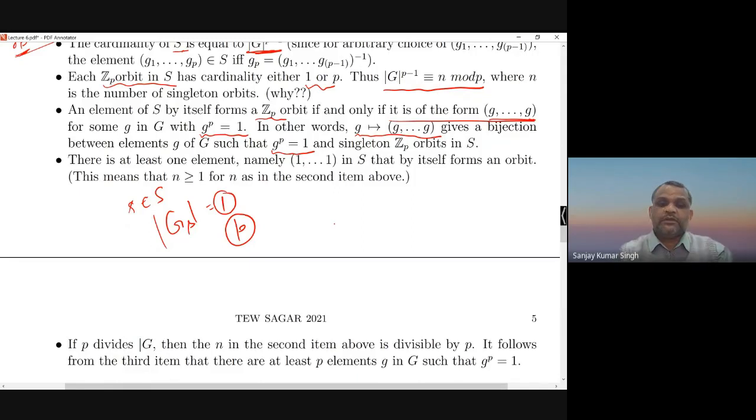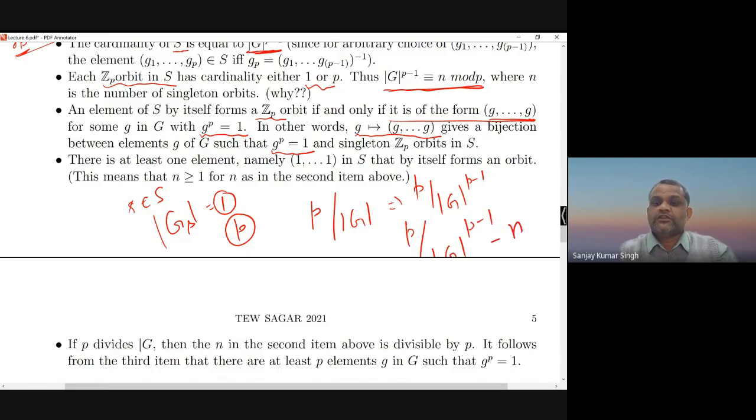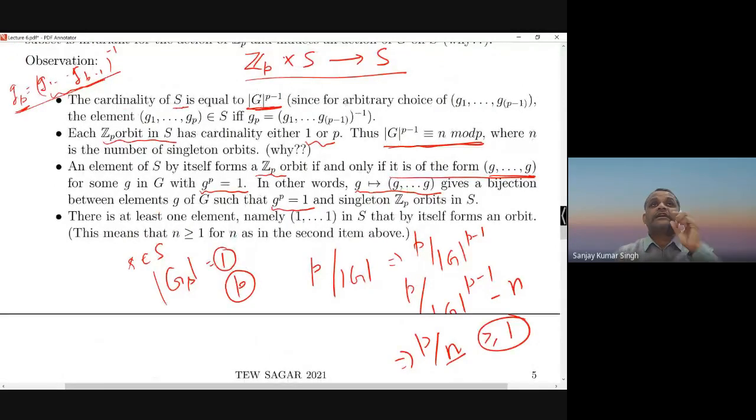So it forces, because p divides |G|, that p divides |G|^(p-1). And also from here, p divides |G|^(p-1) minus n. So this implies that p divides n. And n is also greater than or equal to 1, so n should be at least p. And it means there are elements other than the identity which have this property.